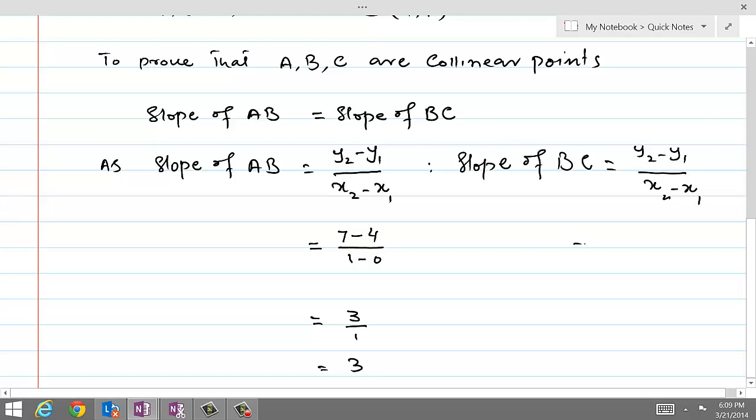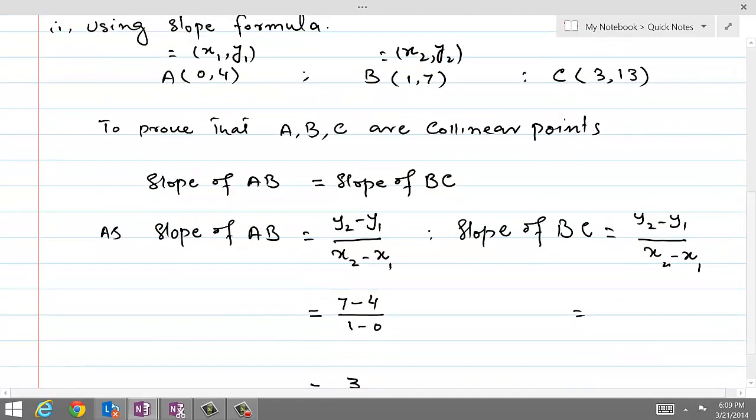But what happens this time, now the point B is named as x1, y1 because that's the starting point for this slope, and this will become x2, y2. So now we will use the value of y2 as 13.